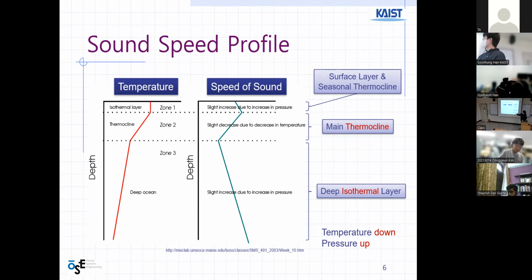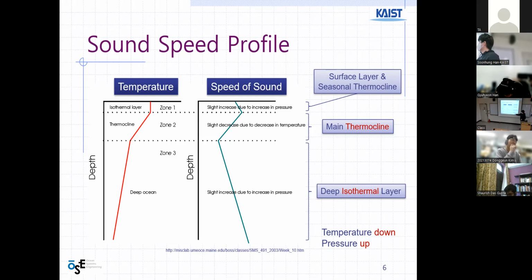And between the surface and the deep ocean, there is a layer where the temperature decreases rapidly. We call it the thermocline. So sound speed also changes, divided by these 3 layers. At the surface, temperature doesn't change, but at deeper depth, speed of sound increases.